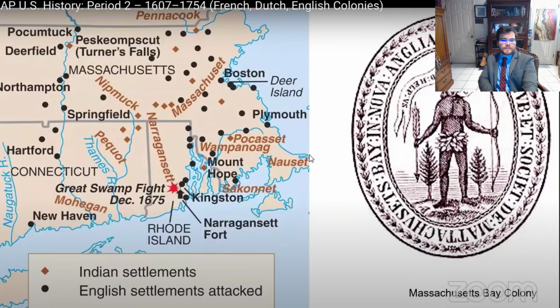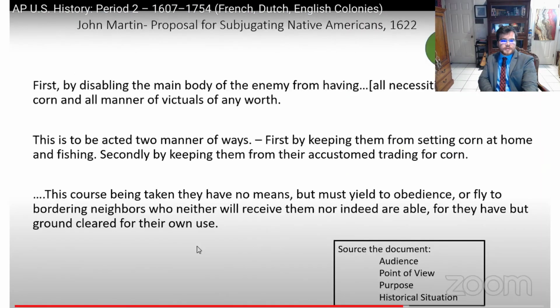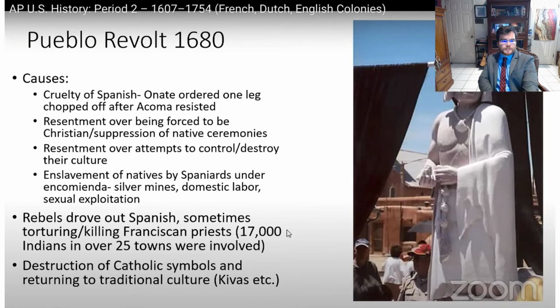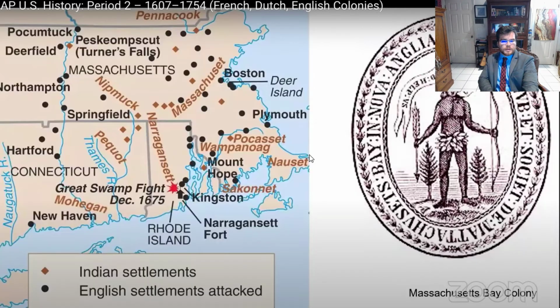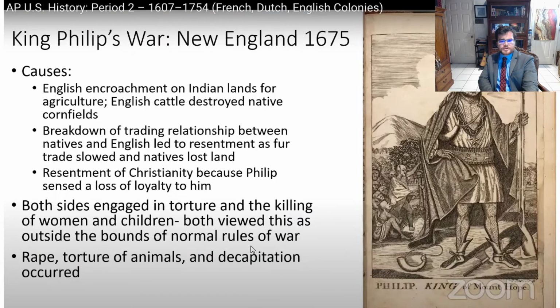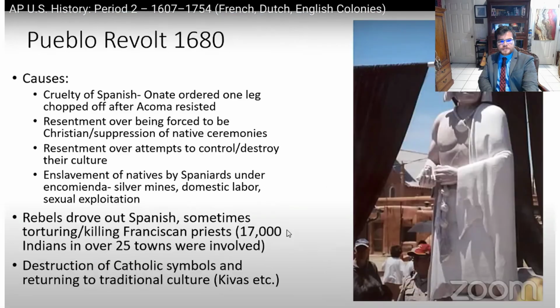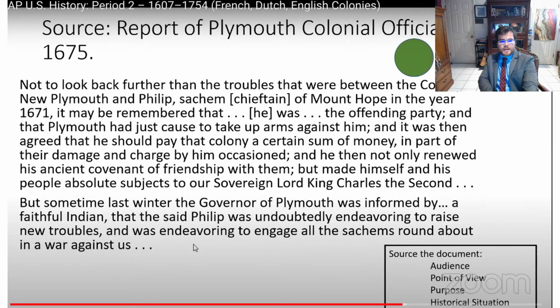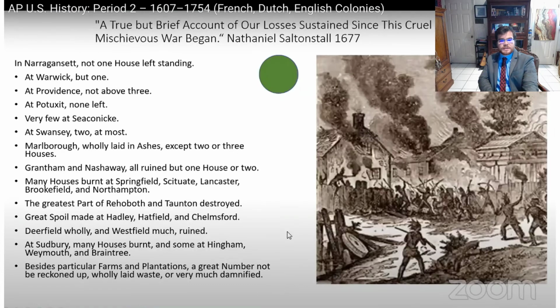But look, you have the Wampanoag, all these tribes, they're going to fight in King Philip's War, okay? There's a lot of destruction. King Philip's War starts in 1675, and that's what this document's about. 1675 to 1677, King Philip's War, guys.